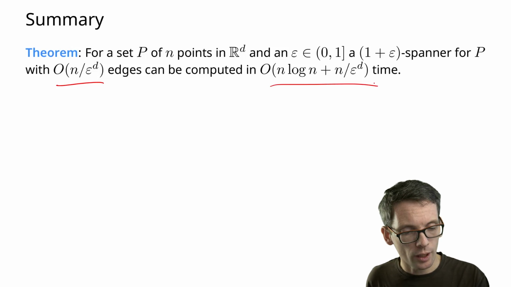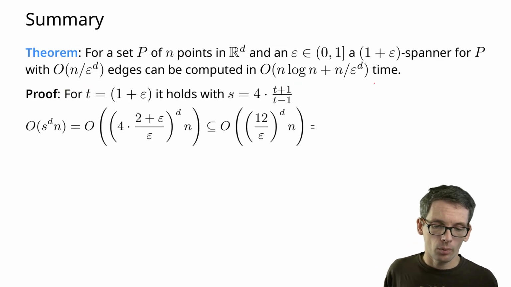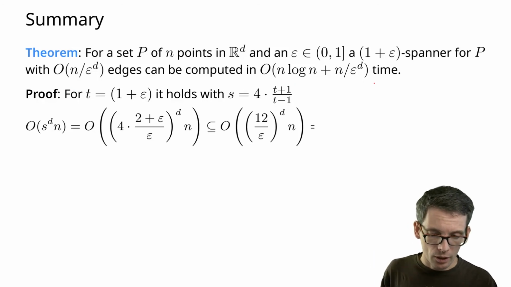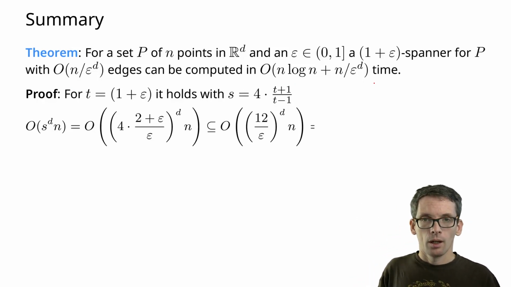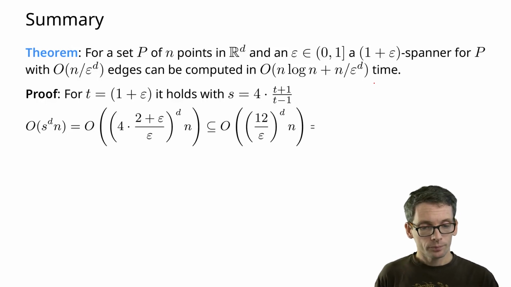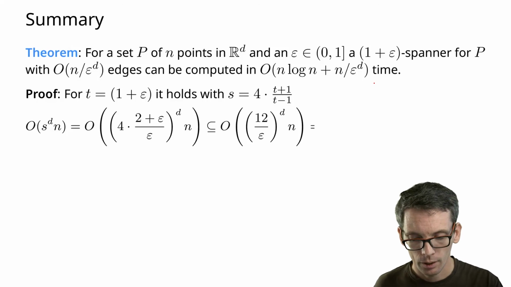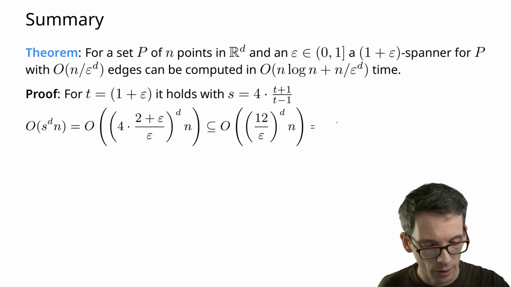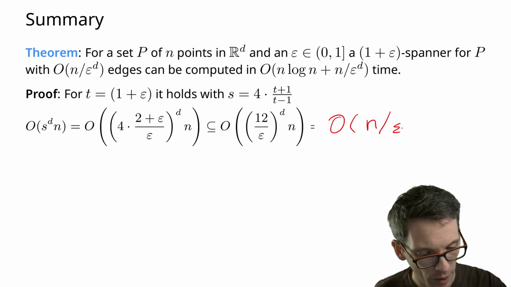And the construction time is as we know it. Here once more is the derivation, but this is essentially what we already briefly discussed. If I simply plug all of this in, then this is exactly what we get. So this is O of n divided by epsilon to the d.